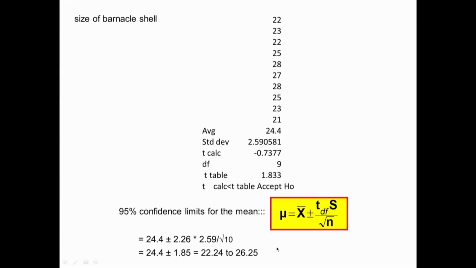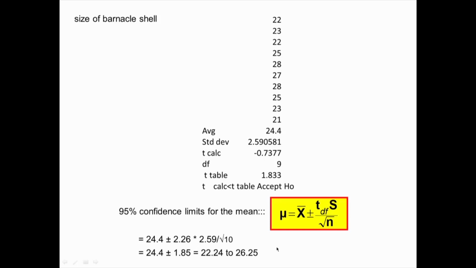It is quite a useful software, and this problem is quite simple. You have the population mean and you have the sample. From the sample you calculate the mean, from the sample you calculate the standard deviation, and then you calculate the standard error which is given by s by square root of n, and then you get the t value.